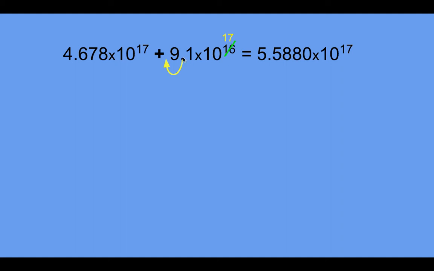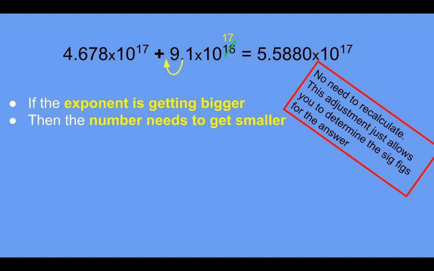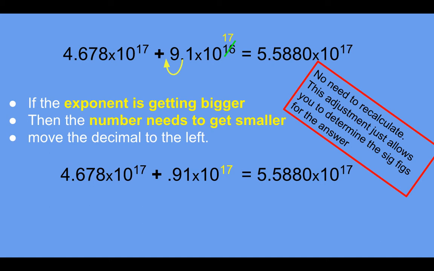So I move it one place to the left because I want the number to be smaller. There's no need to put anything back in your calculator. The calculation is already done. You're doing this just for the sig figs. So it's sort of like what we did with the number line. If the exponent gets bigger, the number needs to get smaller, and then you move the decimal.